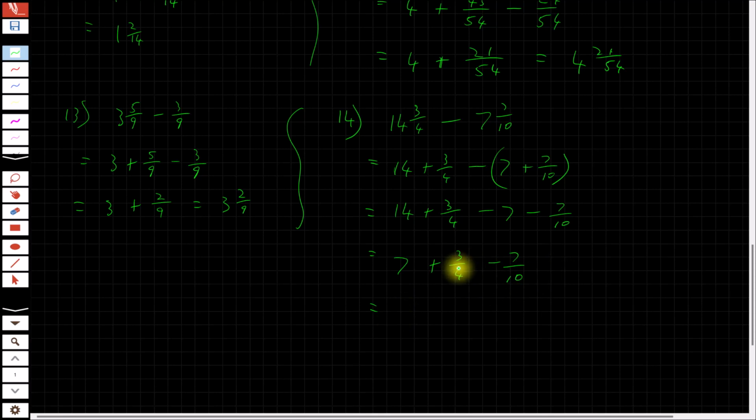So let's make it a 40. So 7 plus 40. How did we get 40 here? We multiplied that by 10, so we need to multiply that by 10. 3 times 10 is 30. To get 40 here, we multiplied that 10 by 4. 4 times 7 is 28.